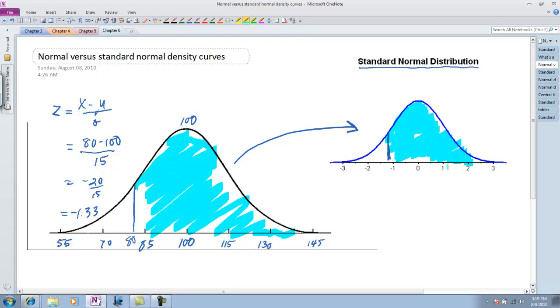So to do anything with a normal distribution, you have to convert that normal distribution to a z-score.